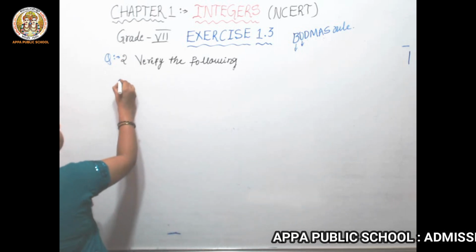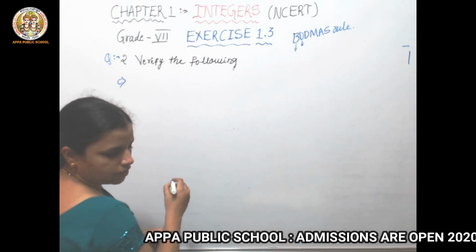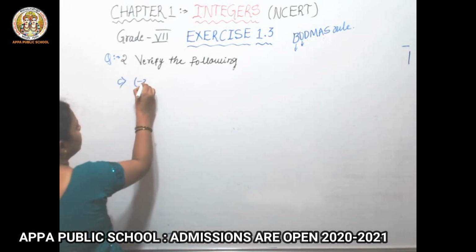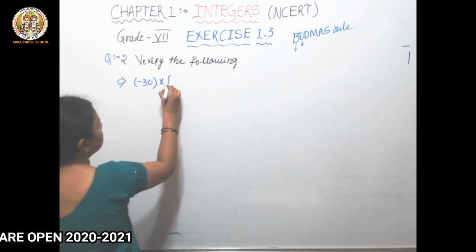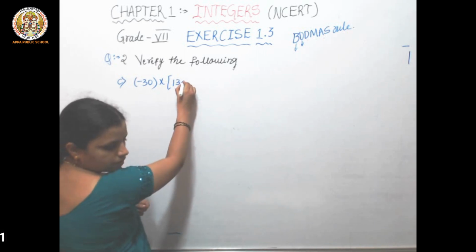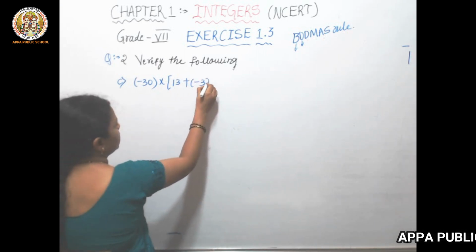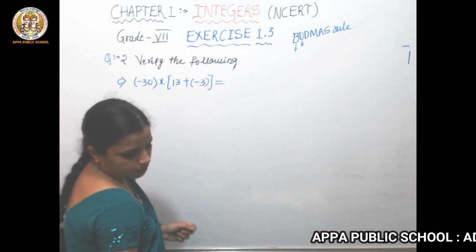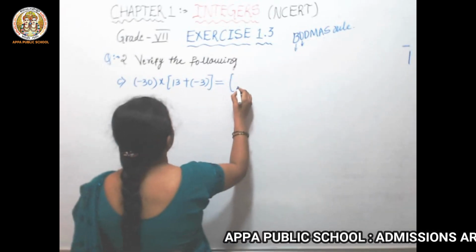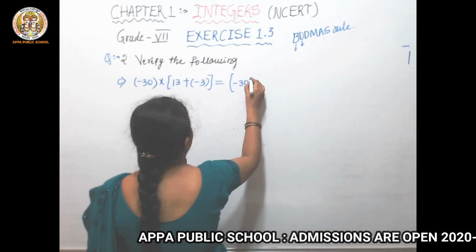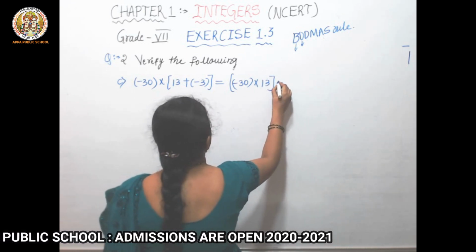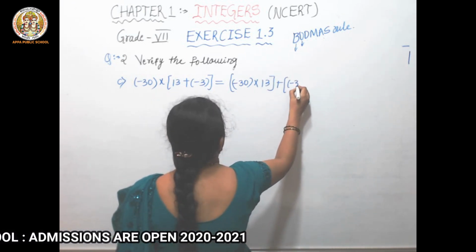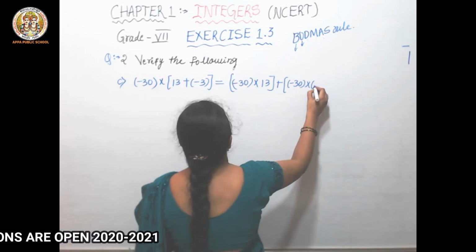See what the question is: minus 30 into (13 plus minus 3) is equal to minus 30 into 13 plus minus 30 into minus 3.